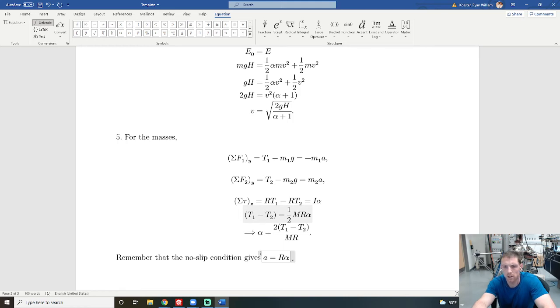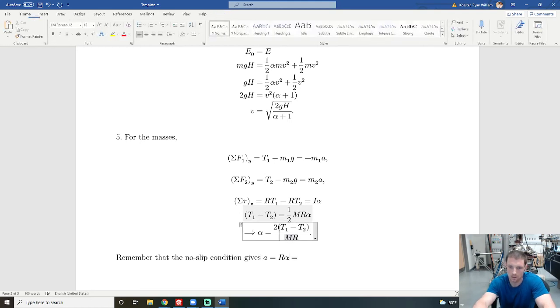So here we can just write that the linear acceleration is this, canceling the R, right? Because we multiply this by R and then the R's go away. So we have this now for our acceleration.